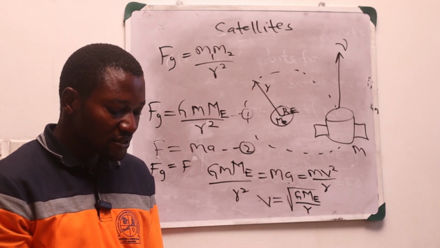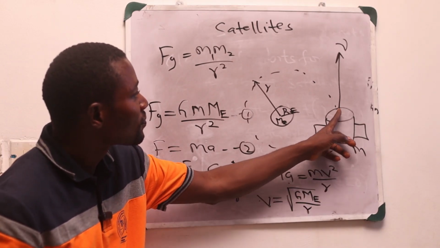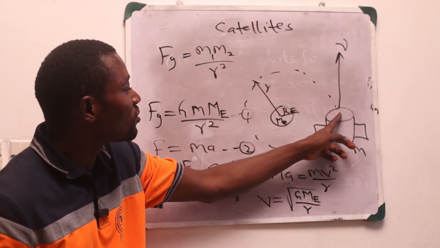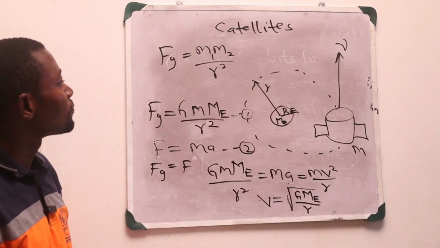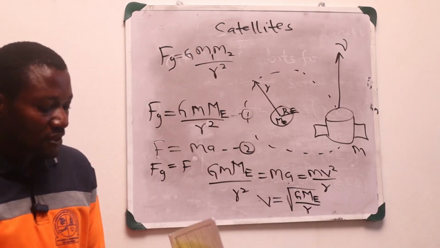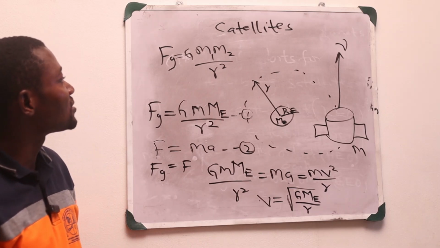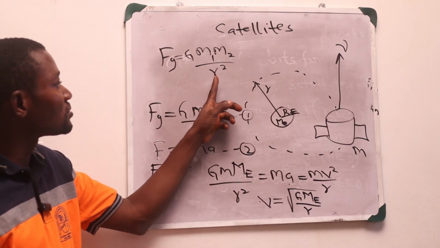So all we are saying is that for a satellite moving with velocity v on its orbit in a circular path, from Newton's law of universal gravitation, the force of attraction between two masses m1, m2 is given as the product, the inverse.